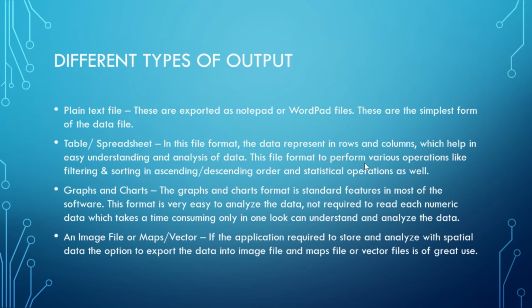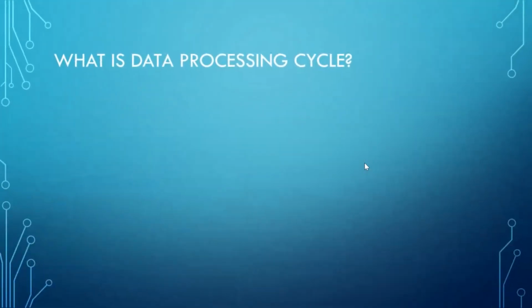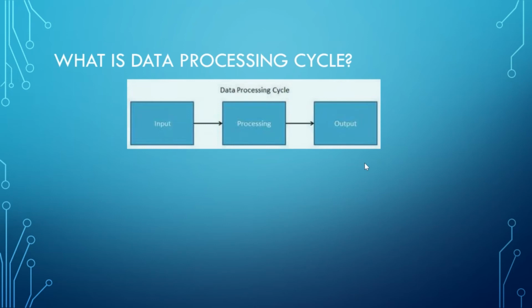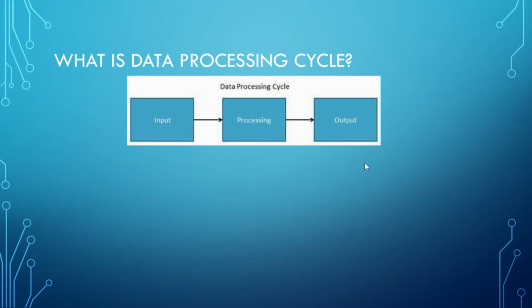Okay, so what is the cycle of processing data? In here, the data processing cycle has input followed by processing followed by output.